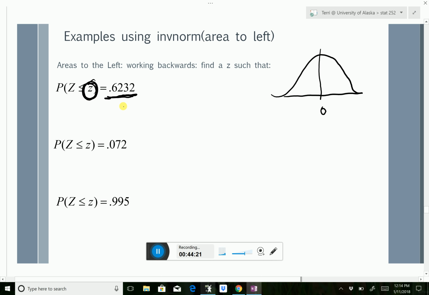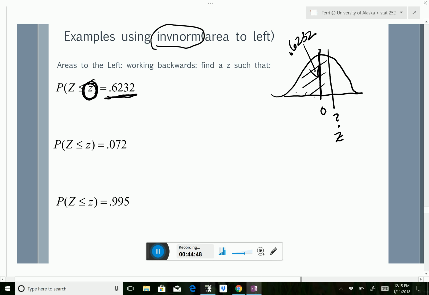Area to the left is more than 0.5, so it's got to be over here somewhere. This is where the z has to be. Because half of it, this is 50%, is to the left of 0. So we know that it has to be more than 0, so positive. So we know it's on this side. And we know that this area is 0.6232. Well, we have something for that.